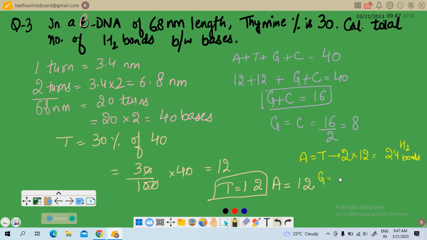And G is equal to... no wait, A double bond T, so two bonds are there, so 2 into 12, and G triple bond C, three bonds are there, so 3 into 8, that is 24 hydrogen bonds, because here they are talking about these bonds. So total will be 48 hydrogen bonds. Okay, now coming to next question.